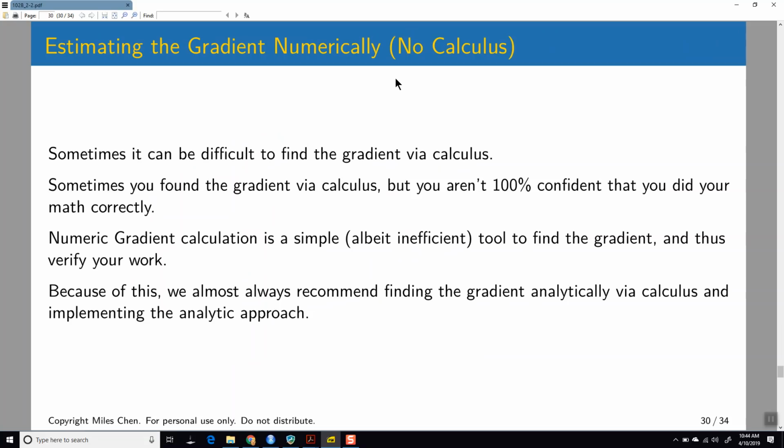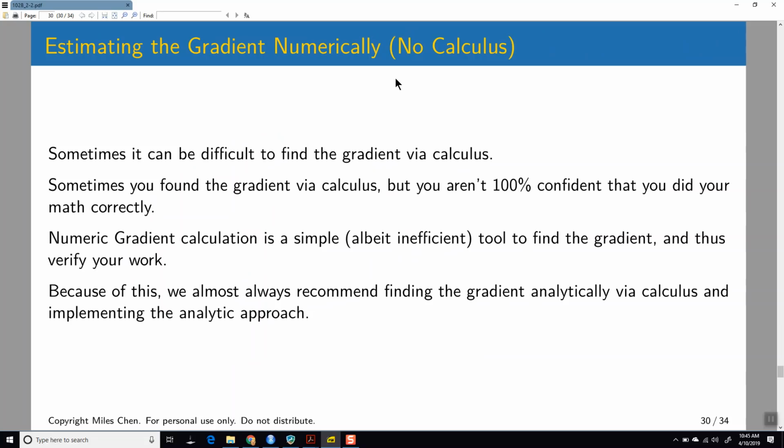Okay, so far what we've done is we've used calculus to figure out the gradient. We either used calculus to find the partial derivatives, or we used calculus to find the derivative with respect to the vector. And that's going to be the recommended method for doing gradient descent.